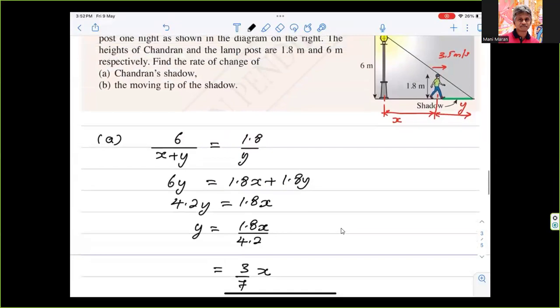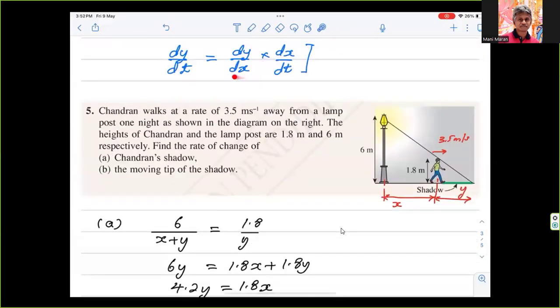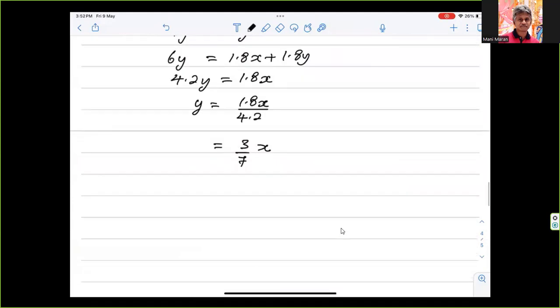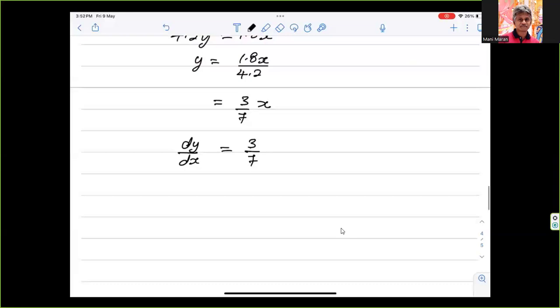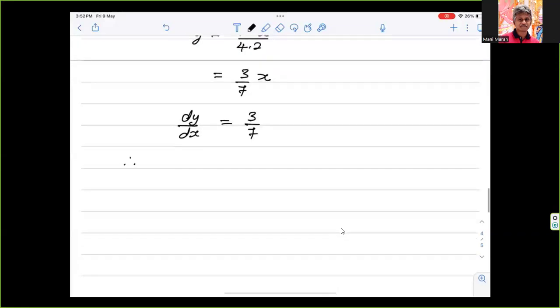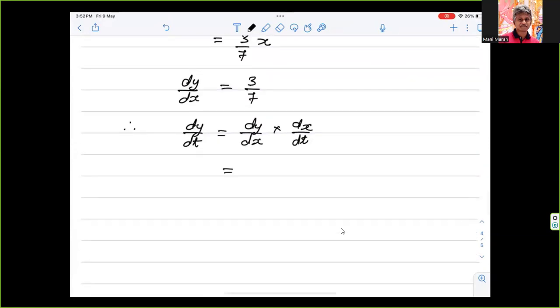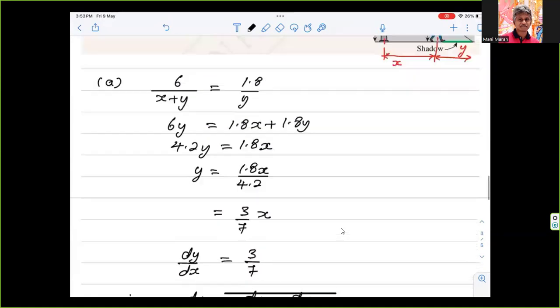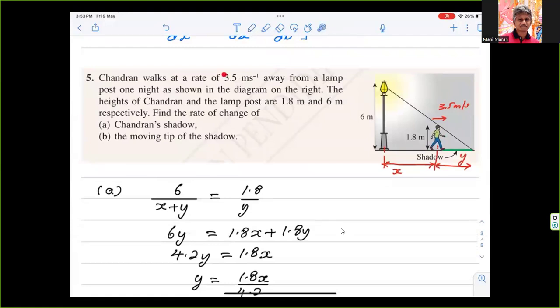Now we find dy by dx. From here, dy by dx is 3 over 7, because this is a very simple function. Therefore, dy by dt is equal to dy by dx multiplied by dx by dt. dy by dx is 3 over 7, whereas dx by dt is given in the question.